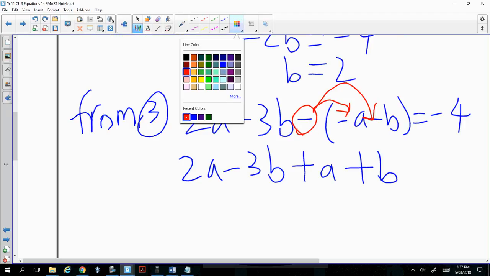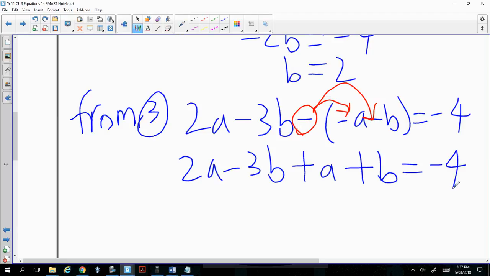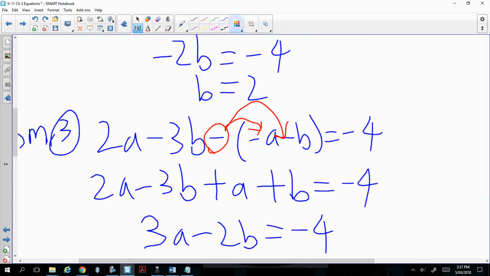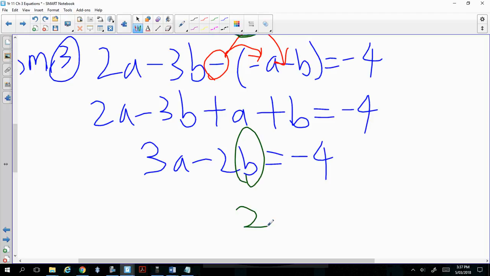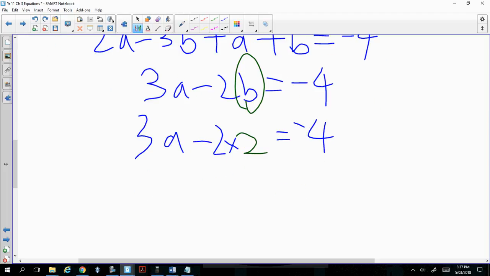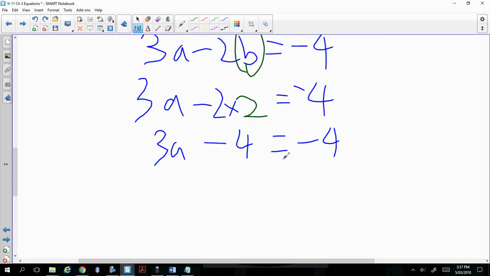Now, because I've already got the value of b, I could change that to 2 and work out the value of a, which is negative 4, like that. And then we continue, so 3a equals 0, a equals 0.